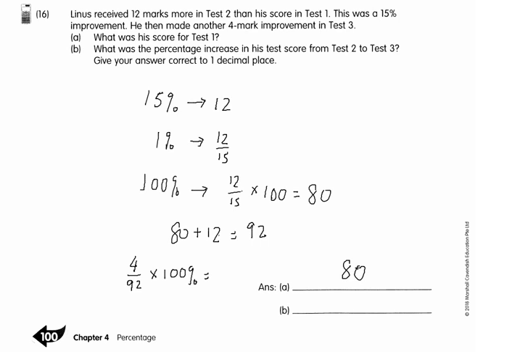Lots of decimal places. 43%. 4 over 92. 4 is so small, it gives me 43%.